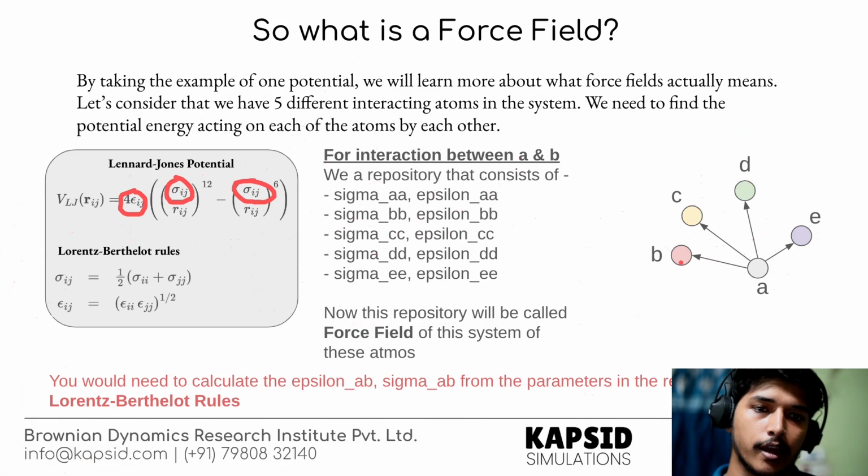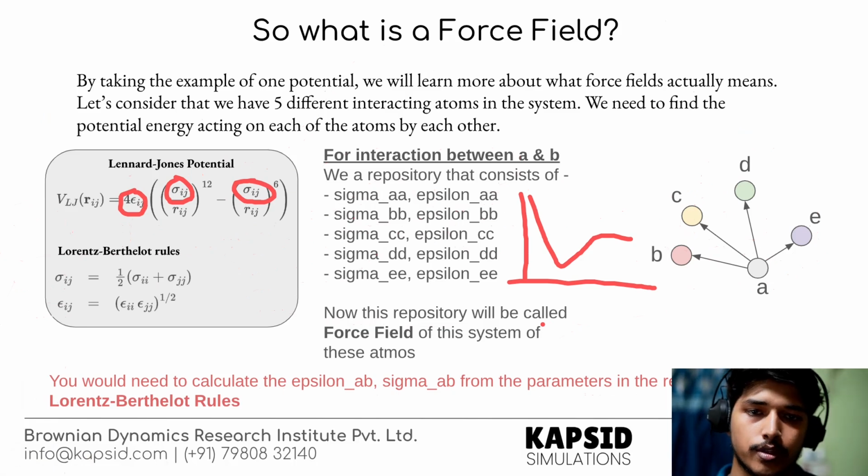The distance between A and B. So you will get the classic example of the Lennard-Jones potential, which looks something like this, and you might have already seen some potentials like that.